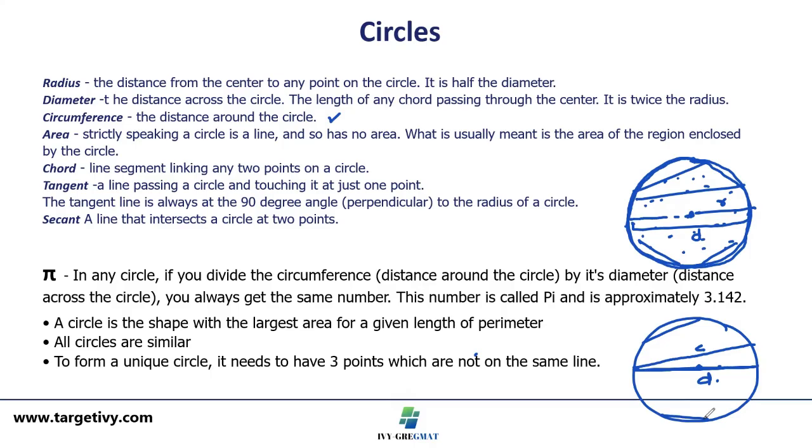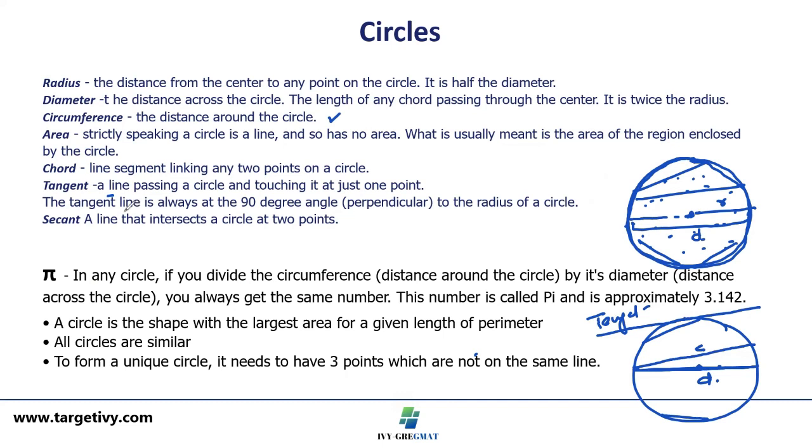Now, what is a tangent? A line passing a circle and touching in just one point. So a tangent is something which passes like this, just touches in one point. This is a tangent. Now, there's one property.